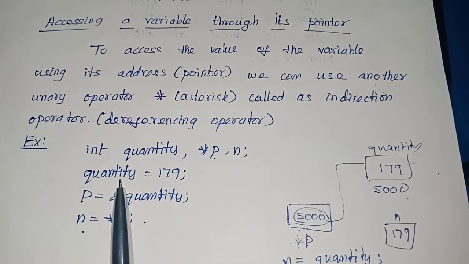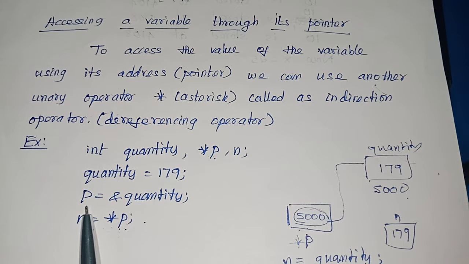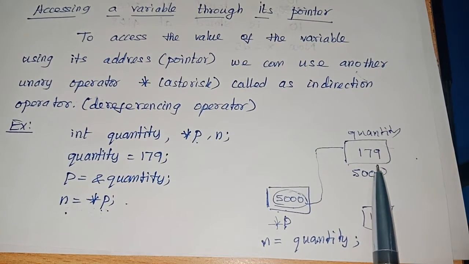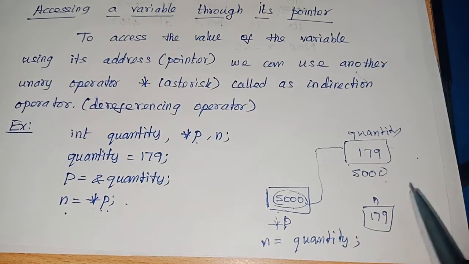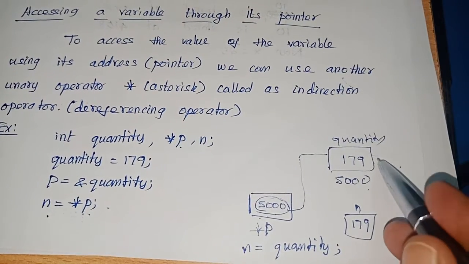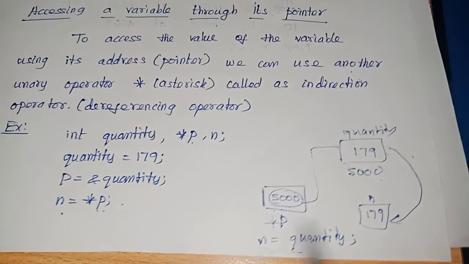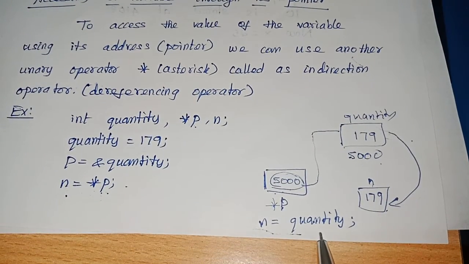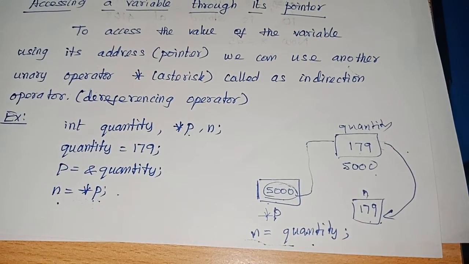And we are initializing quantity as 179 and we are collecting the address of quantity using the address operator. Now I want to copy the value of quantity, 179, to n. This can be easily done by n equal to quantity. So automatically this quantity will be copied to n.